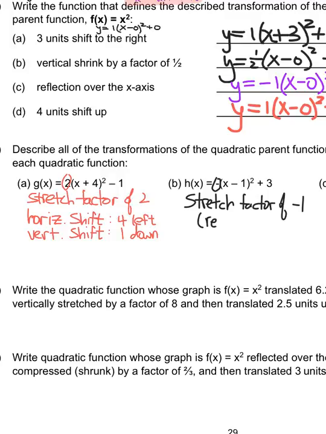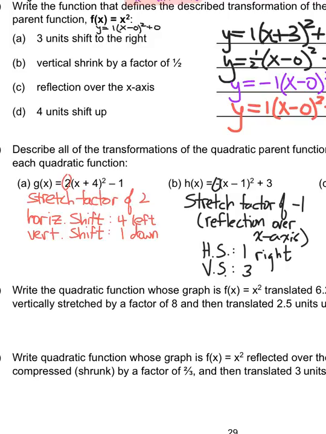It's more that it's a reflection over the x-axis. But the horizontal shift, the HS, 1 unit right. The vertical shift, 3 units up.